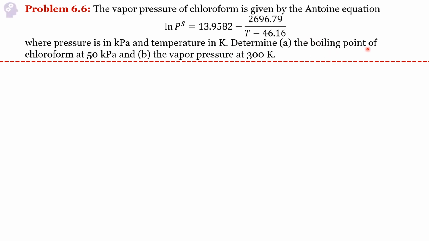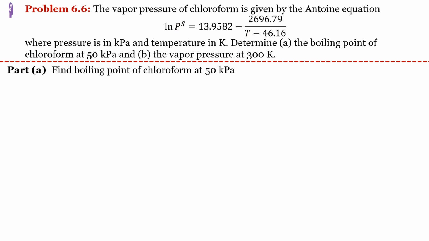Determine the boiling point of chloroform at 50 kilopascal. In part A we have to find the boiling point, which means we have to find the temperature when the vapor pressure is given, that is 50 kilopascal. So P is given, and we have to find T.